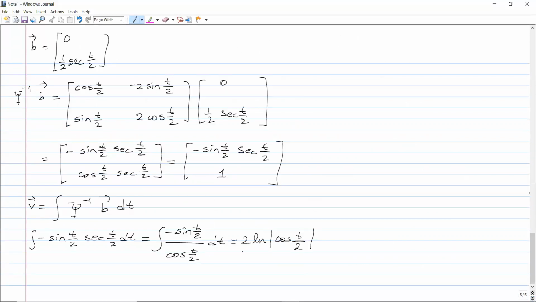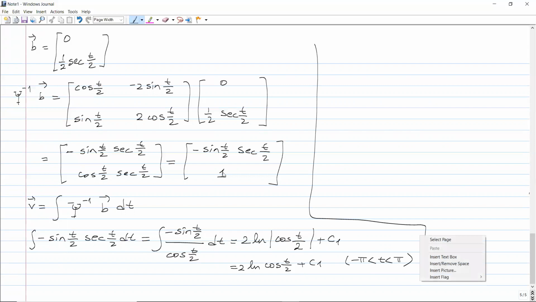So in general, for the antiderivative, I take the natural logarithm of the absolute value of cosine t over 2, plus, of course, a constant. But I don't need the absolute value because, remember, t is between minus pi and pi, and in this interval, cosine t over 2 is positive.